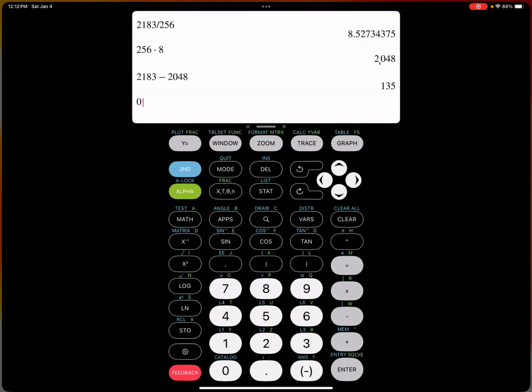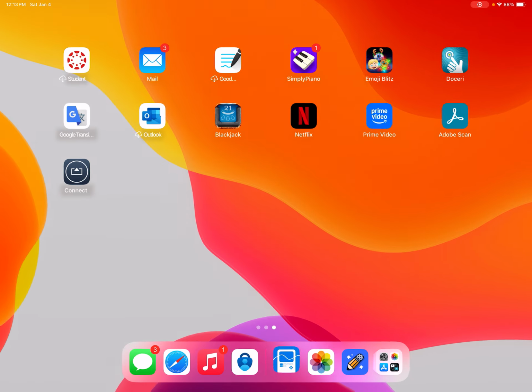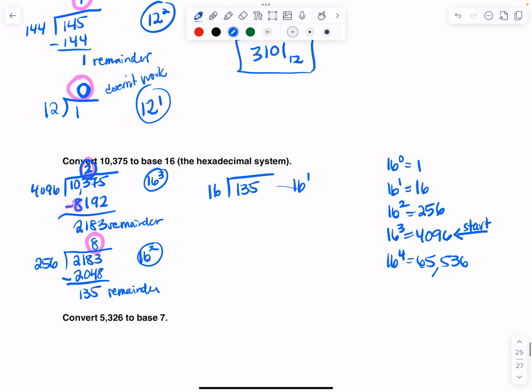So 135 divided by 16 will give me 8.43, so on and so forth. So I'm interested in the 8. So I'm going to take 8 times 16, which will give me 128. So that's what I need to subtract. So let me go put all that information in. So again, this was 8. 8 times 16 gave me 128. Going to subtract those two.